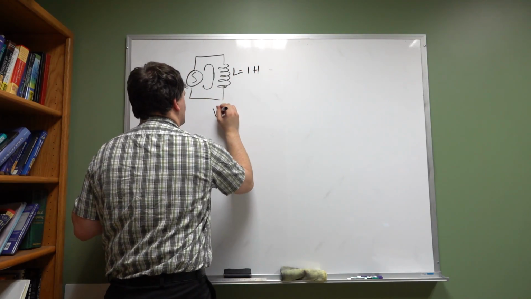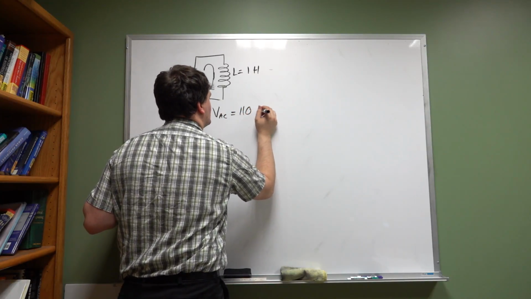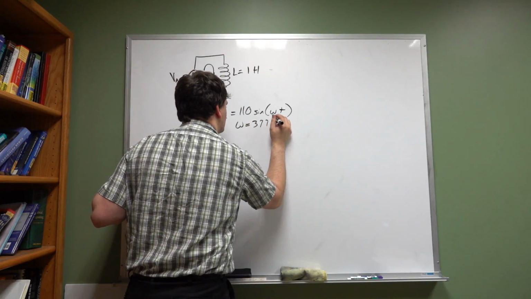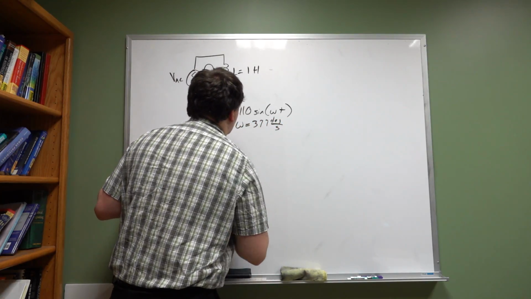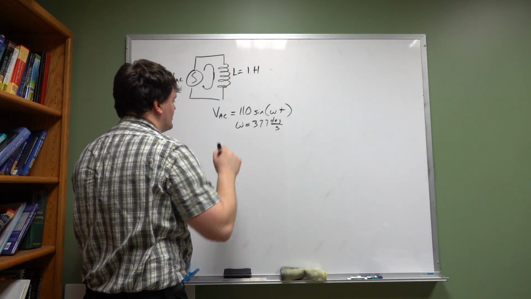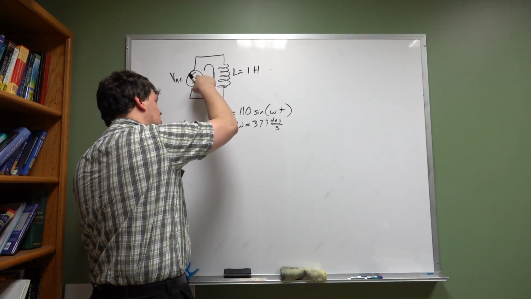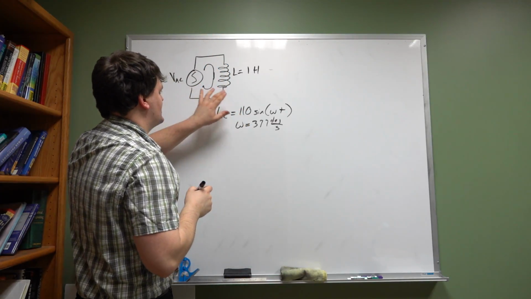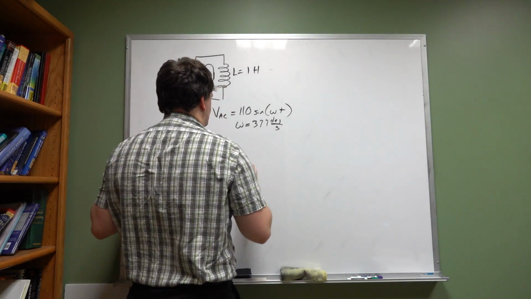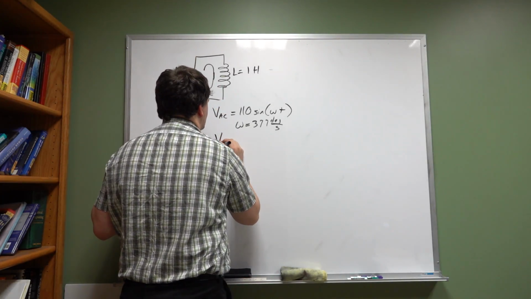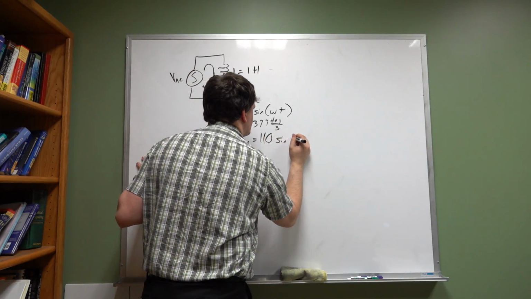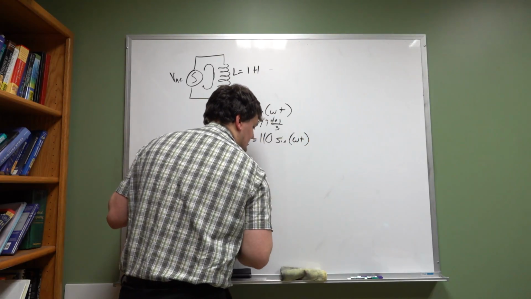Okay, again, we're applying the same voltage source. Again, Kirchhoff's voltage law is true. We know that the amount of power generated by the power source is the amount of power that is consumed by this source. So we've got VL is equal to VAC is equal to 110 sine omega t.